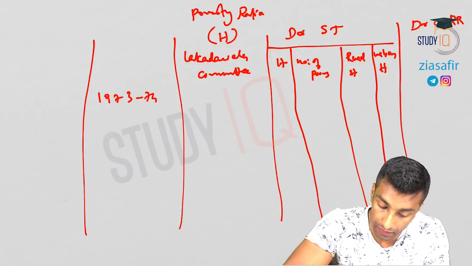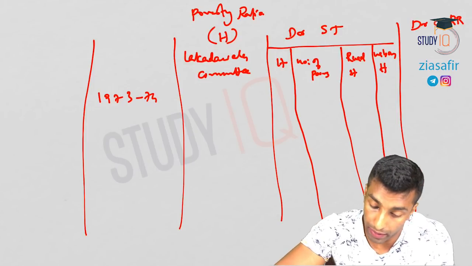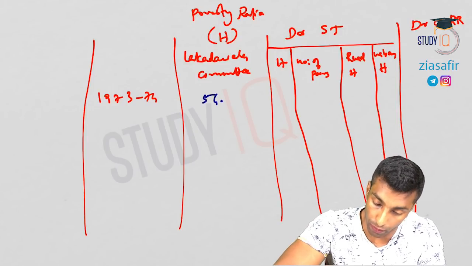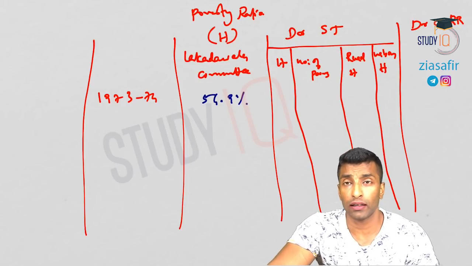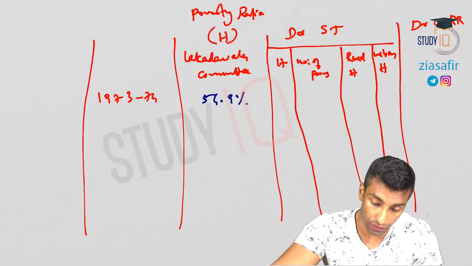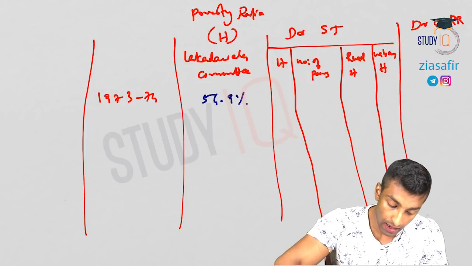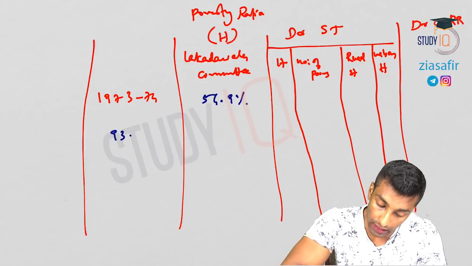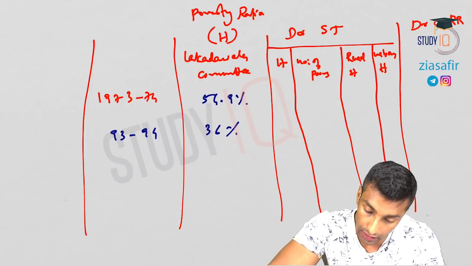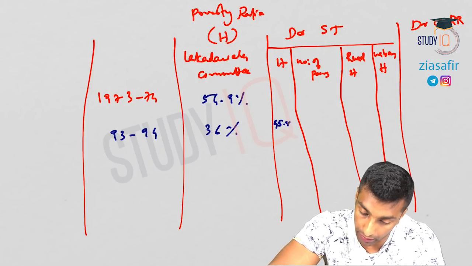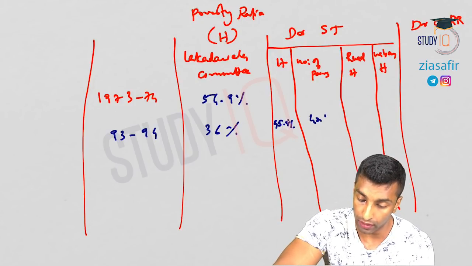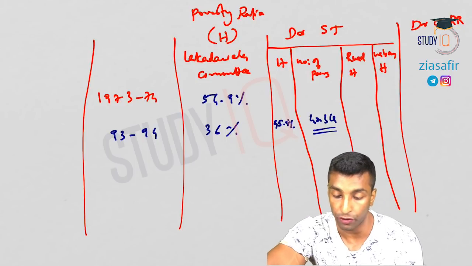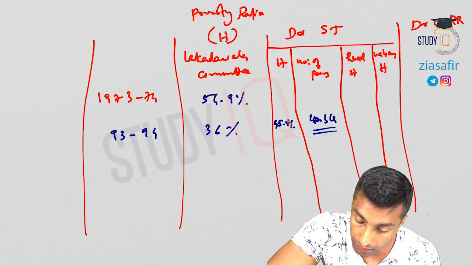1973-74. Based on Lakadwala committee, it is 54.9% are poor, and 73-74 we are not calculating on the basis of Suresh Tendulkar or Rangarajan. 93-94, 36% here, and here it is 45.8%. So 45.8% means around 40.3 crore people are poor.